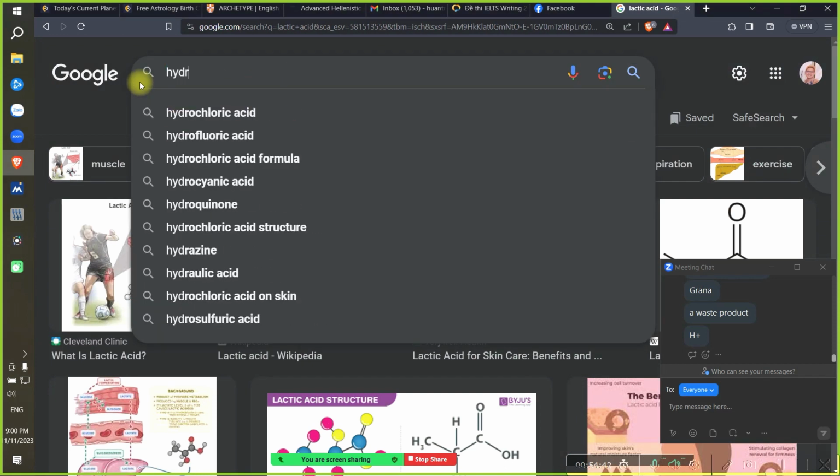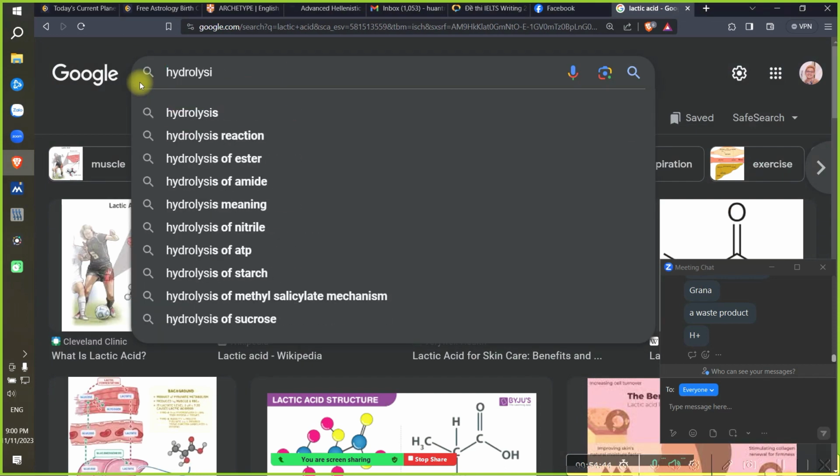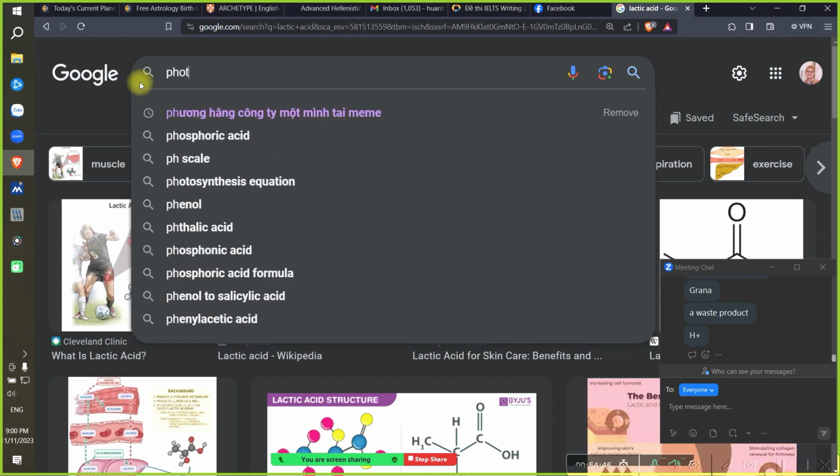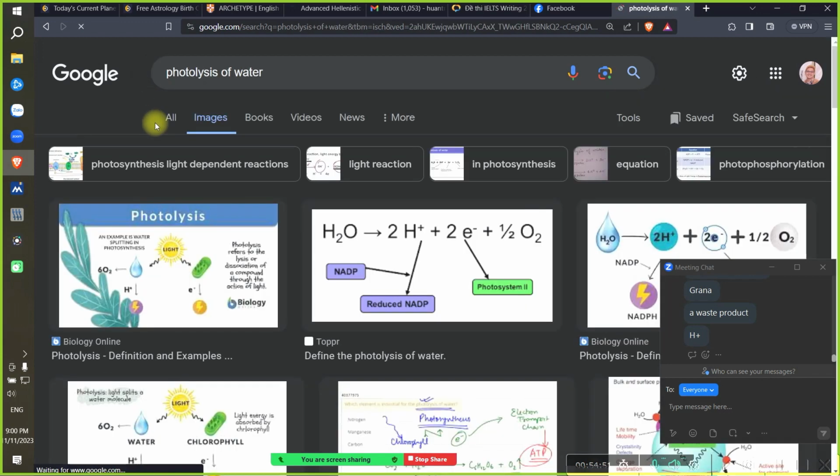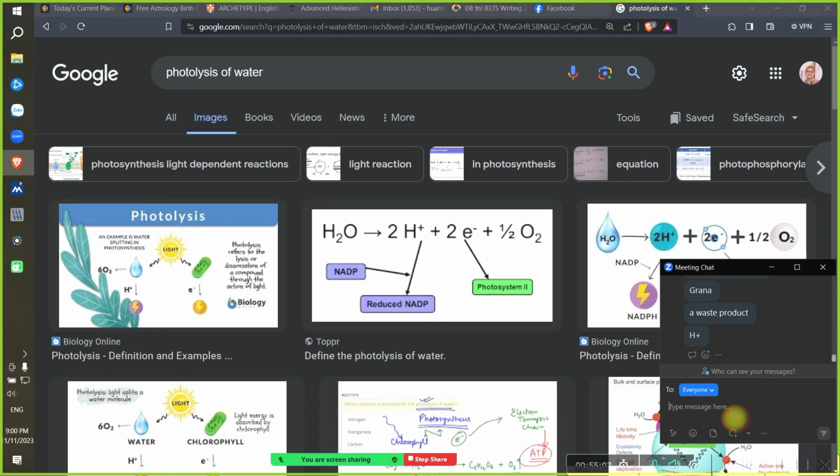Let's say photolysis of water, and then yes, this H+ will come to NADP+, and then NADP+ becomes NADPH2 if I remember right.